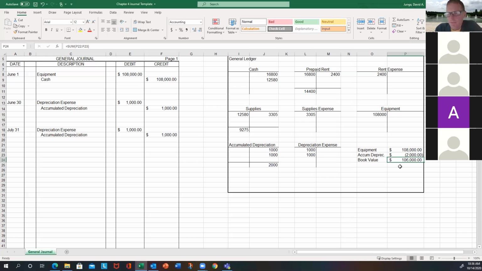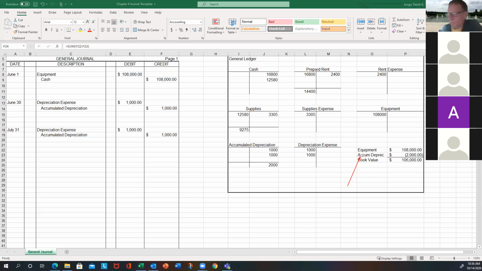Okay, so it's a pretty easy amount to calculate. You just make sure that every time that you depreciate the equipment, in this case every month, that book value would go down by 1,000 because the accumulated depreciation is going up by 1,000.